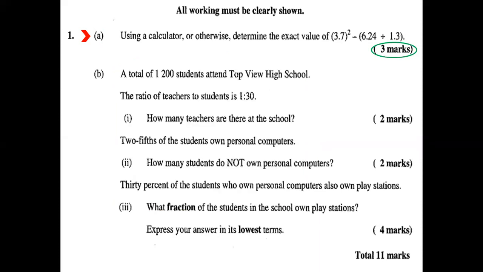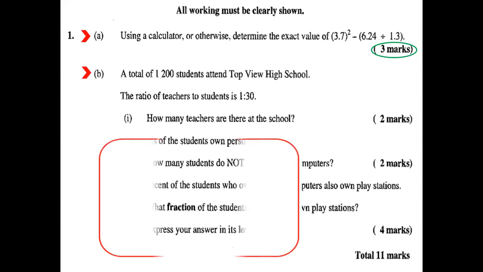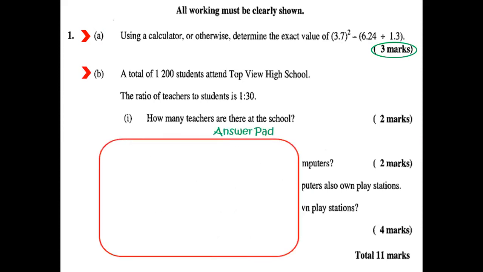All right, moving on. This question, a total of 1,200 students at Topview High School, right? The ratio, teachers to students is 1 to 30. How many 30s can we get from the 1,200? That would tell us the number of teachers that are there, right? Of course, earlier in the question before, I used proportion, remember?